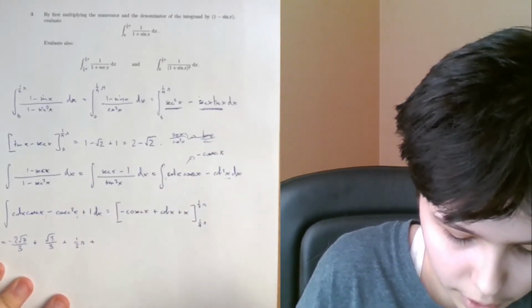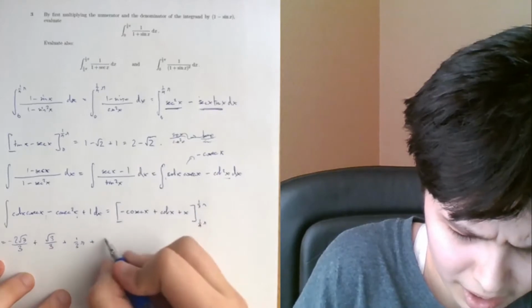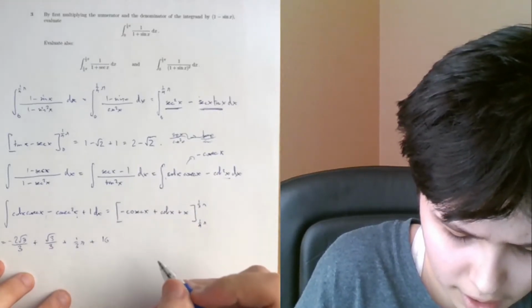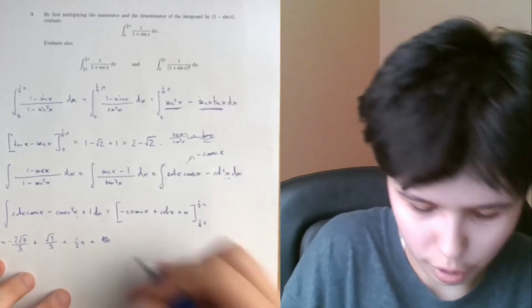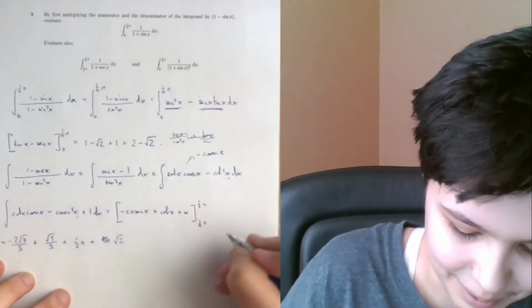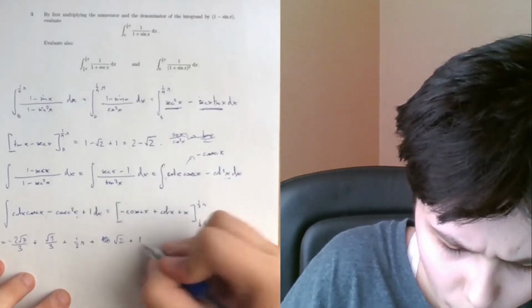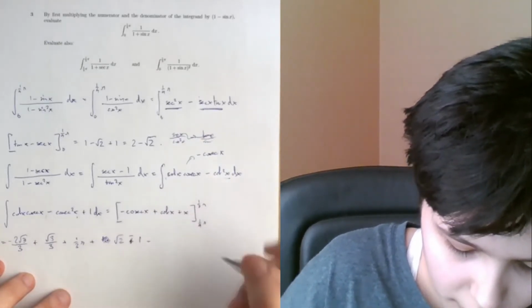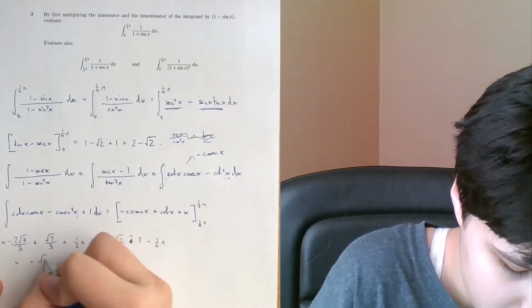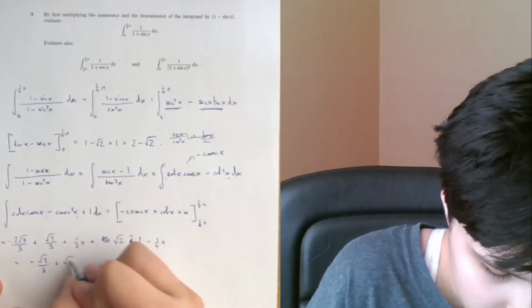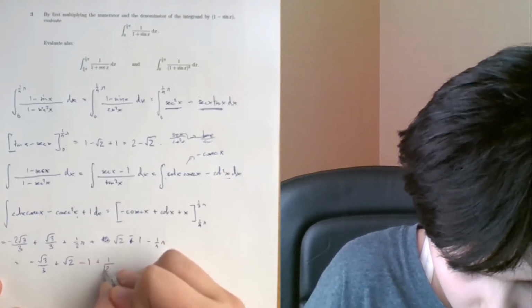Then cosec a quarter pi is root 2. Cot x is 1, minus 1, minus a quarter pi, giving me minus root 3 over 3 plus root 2 minus 1 plus a 1/12 pi.